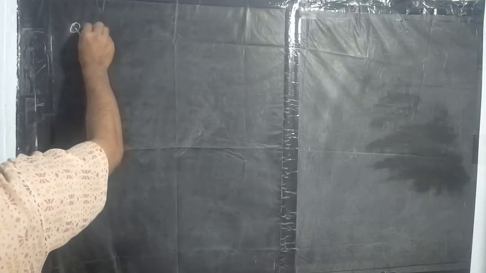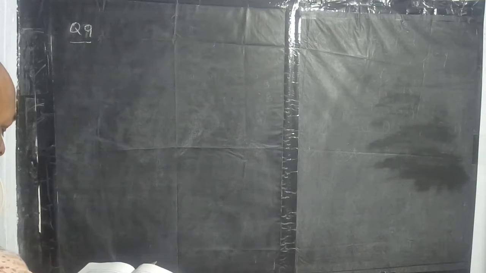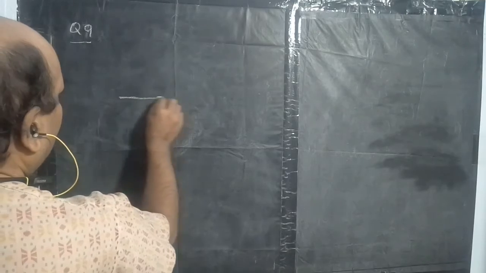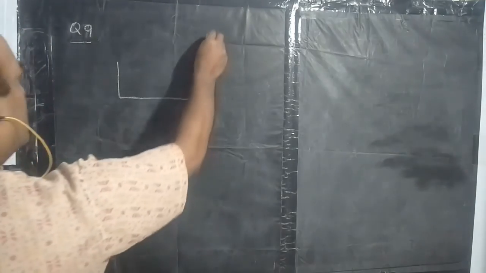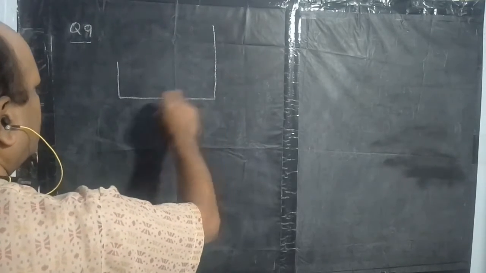Question number 9 also has two right angle triangles, and what is it telling? The angle of elevation of the top of a building from the foot of a tower. That means in this kind of problem, there is one horizontal line and two vertical lines. One vertical line is shorter, another vertical line is longer.